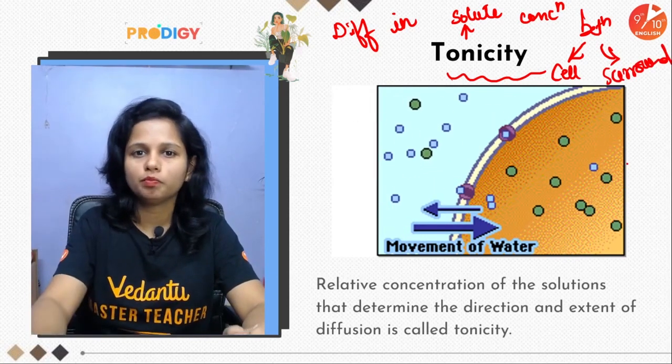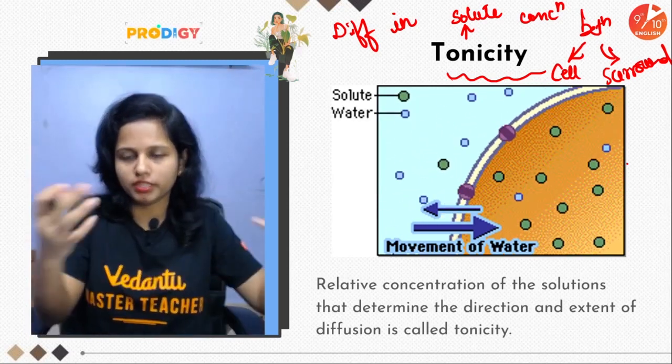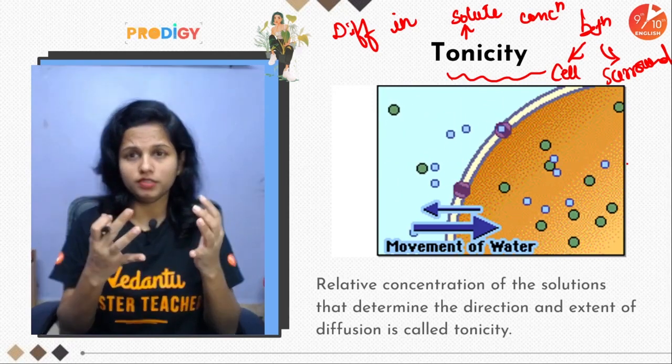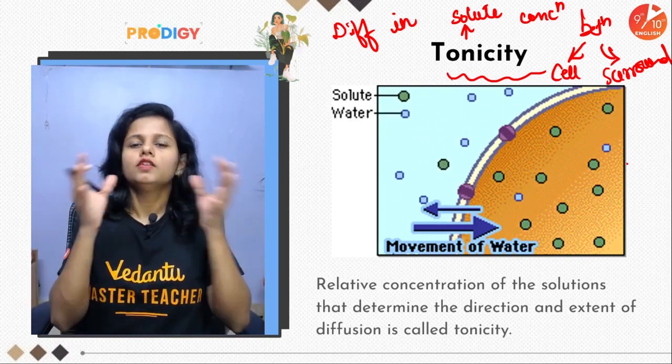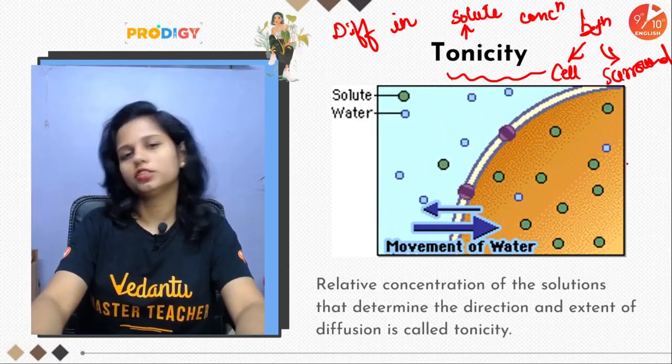So bachcho, if water is more outside and less inside the cell, water will move from outside to inside. If water is more inside the cell and less outside, the cell will lose water. So that is what we call tonicity.